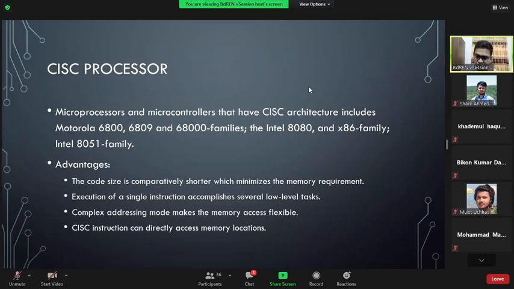Then, based on this technology, Intel upgraded themselves. That's why sometimes they say the Intel 8080 processor is the mother of all the processors we are using currently. Similar types of technology, but they upgraded. Previously, their transistors had some centimeter size, but nowadays transistor size is nanometer size, 10 to the power minus 9.